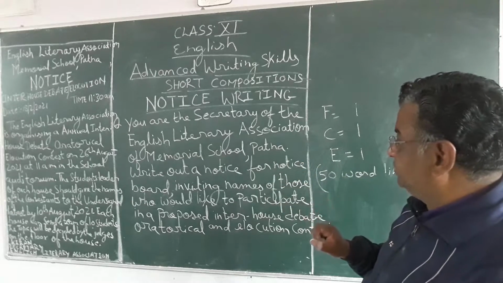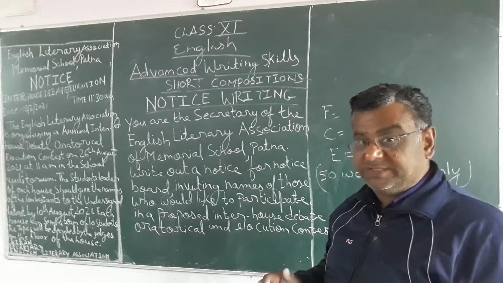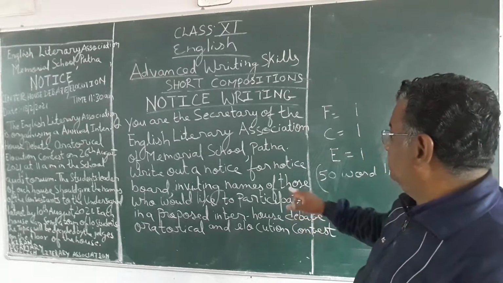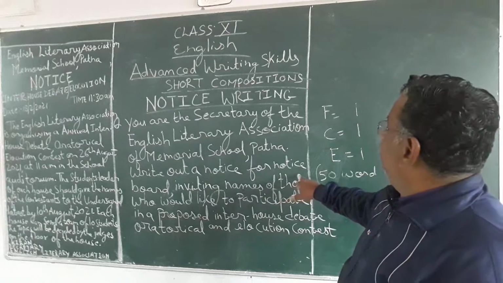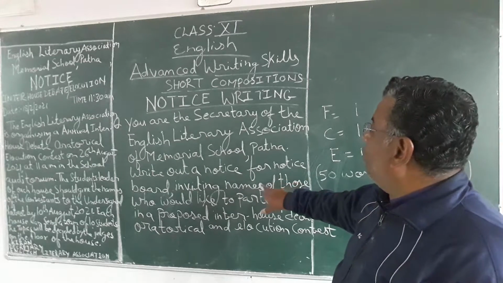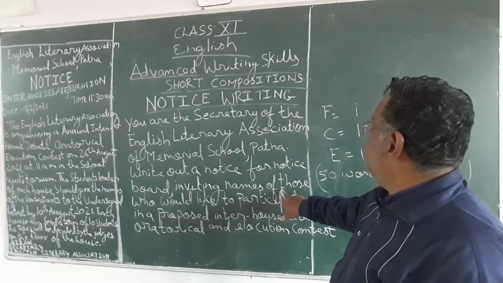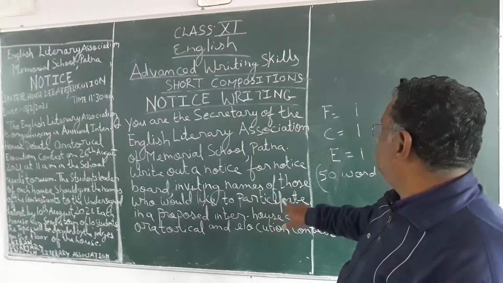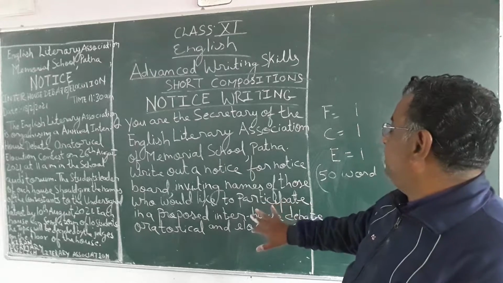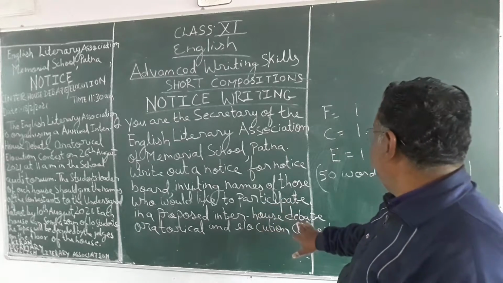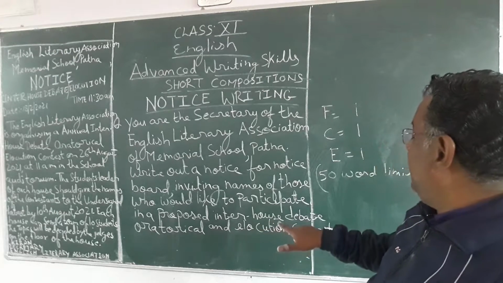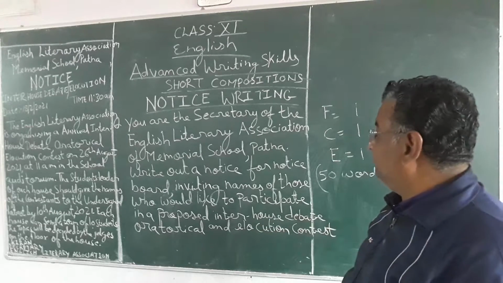Write out a notice. Now you have to write a notice. A short piece of information you have to write. A notice for the board inviting names of those who would like to participate in the proposed inter-school debate, oratorical and elocution competition.